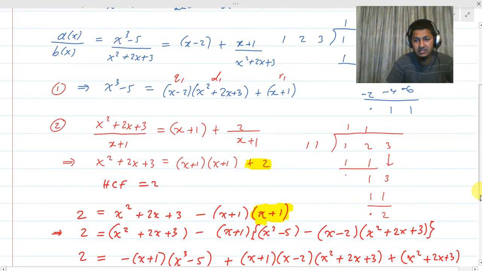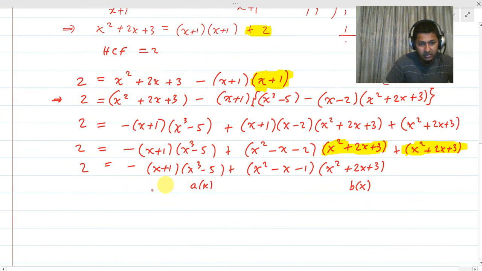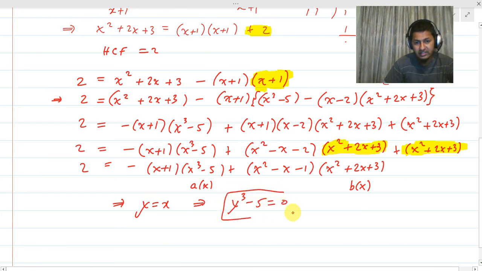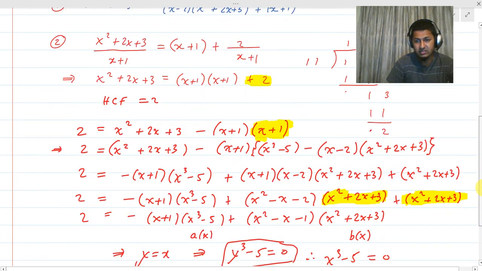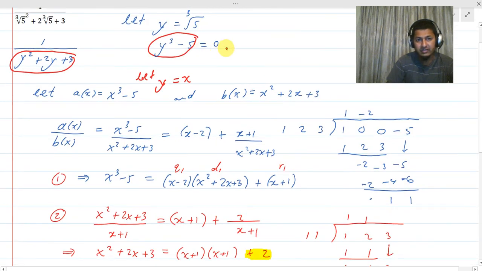Now since gamma is equal to x, this implies that gamma cubed minus 5 was equal to 0, right? Since gamma cubed minus 5 is equal to 0, therefore x cubed minus 5 is also equal to 0. Let's see if gamma cubed minus 5 was equal to 0. Yes, that's where we have it, right?